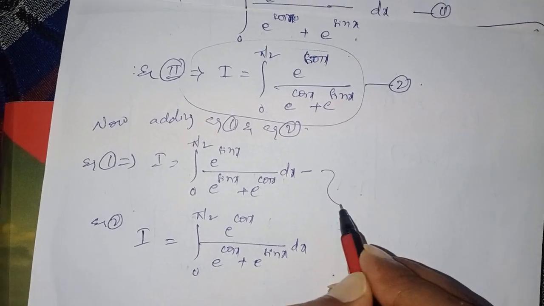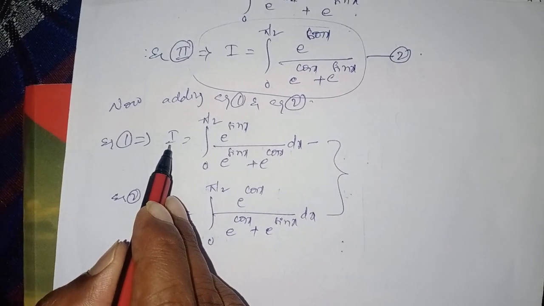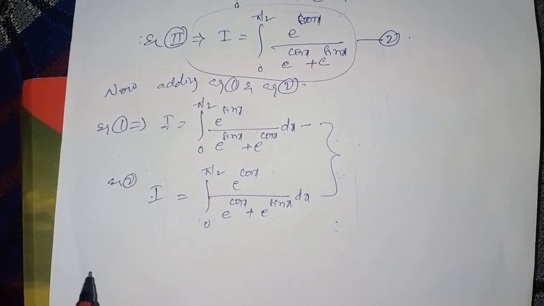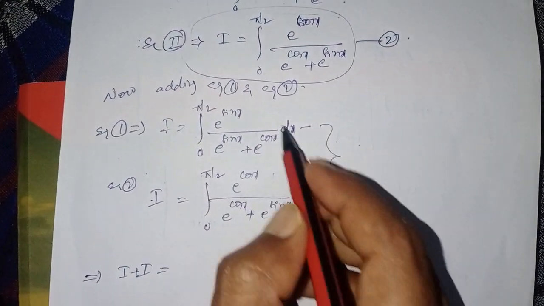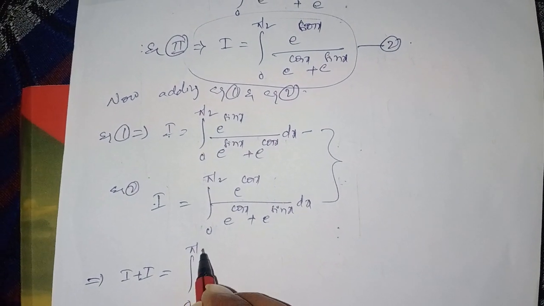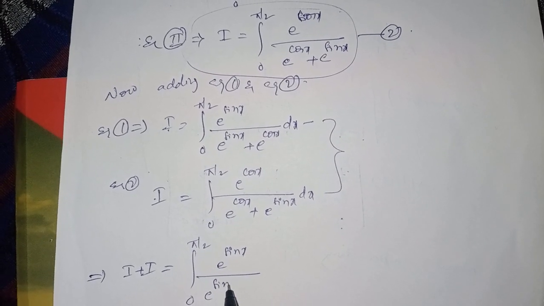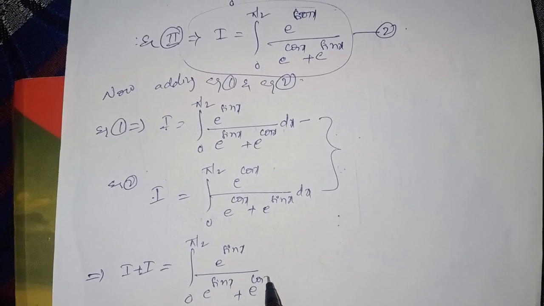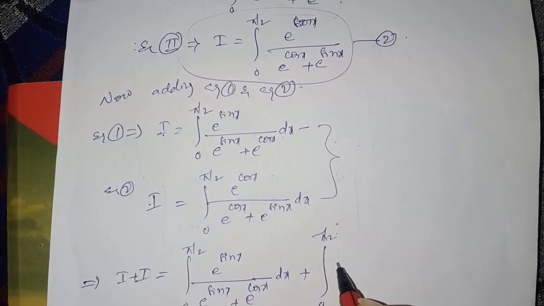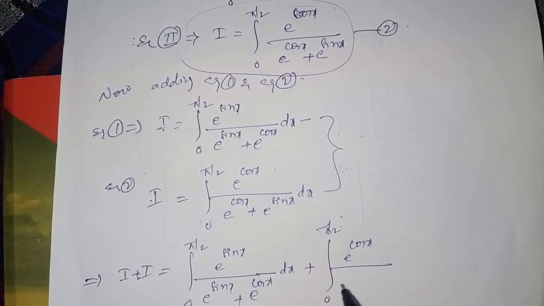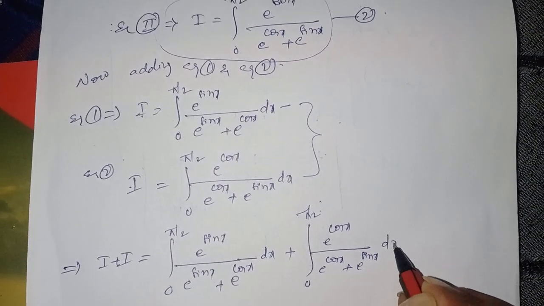Now add these two. First add the left hand side values: first one I, second one also I, so I plus I is equal to the sum of the right hand side values: integral 0 to pi by 2 e power sin x upon e power sin x plus e power cos x dx plus integral 0 to pi by 2 e power cos x upon e power cos x plus e power sin x dx.